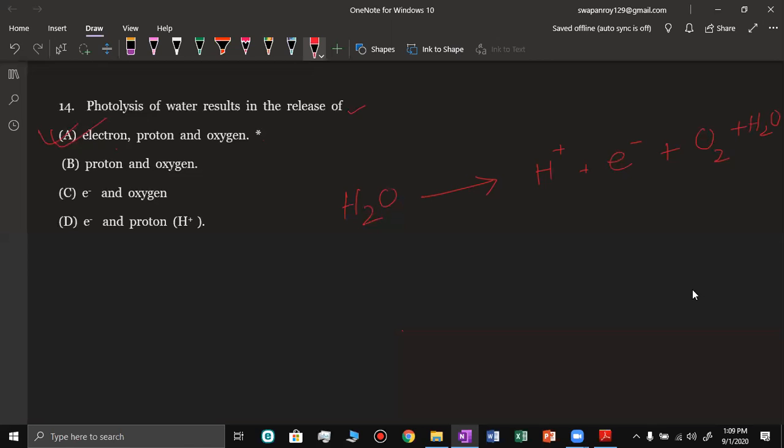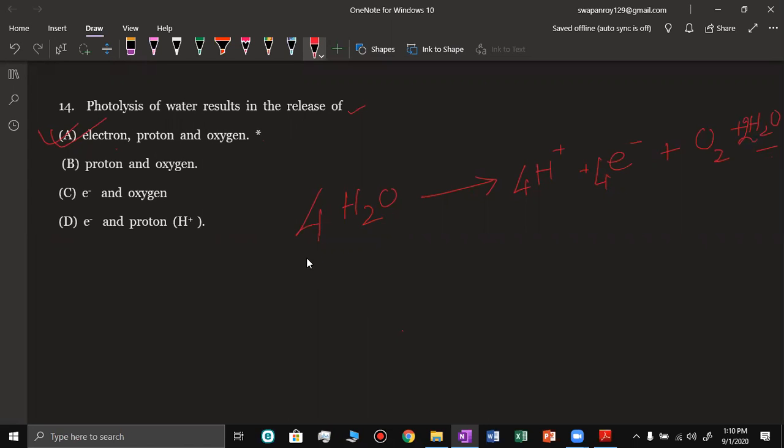In photosynthesis, we know water is utilized as well as produced. From four molecules of water, when split, it produces four hydrogen ions, four electrons, one molecule of oxygen, and two water molecules.